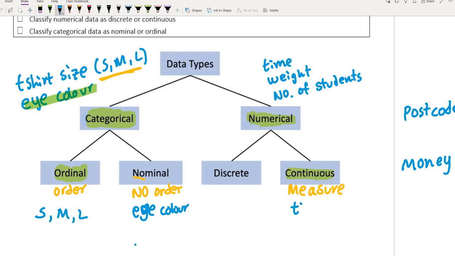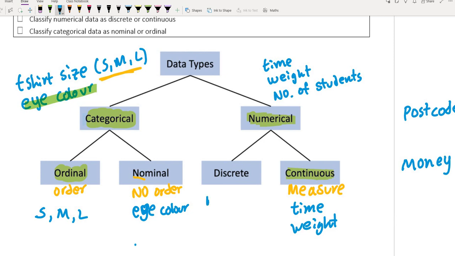So those things are going to go under continuous. And I like to think the idea of continuous data is that if we have the technology, we can measure it down to more precise data. So instead of saying 1 minute, 30 seconds, we can go 1 minute, 30 seconds, 0.4576. Same as weight, same as height. So those will be continuous. They will continue forever if we measure it.